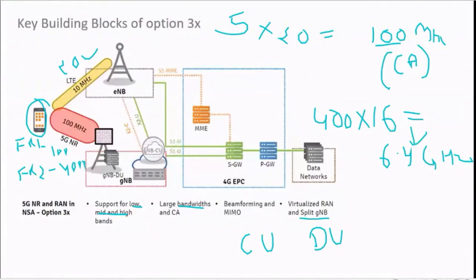So the lower layers, like the physical layer, MAC layer, RLC layer, right? Those layers we put in the distributed unit, and the higher layers, right? Like SDAP, which is the Service Data Adaptation Protocol layer.